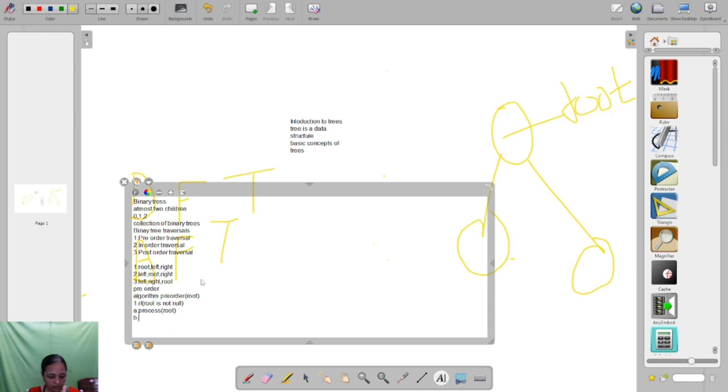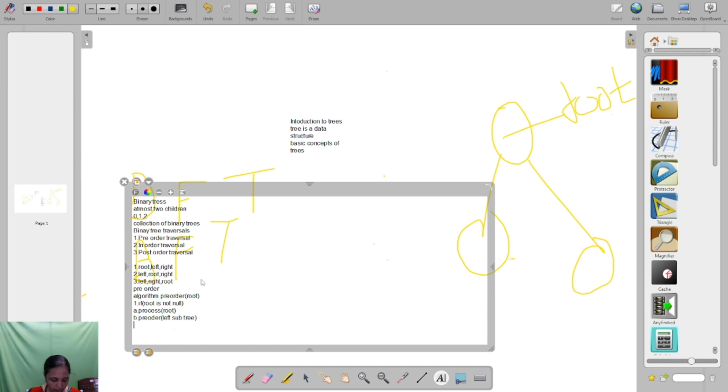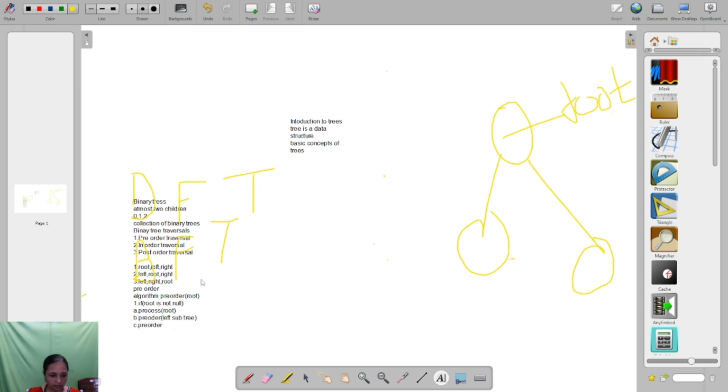The second is preorder of the left subtree. The third is preorder of the right subtree.